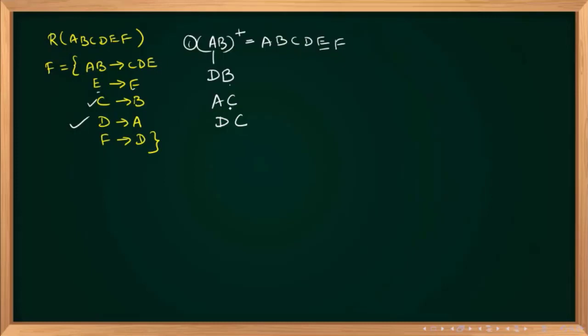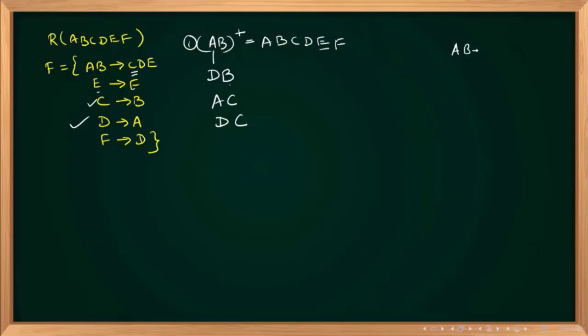Now I will take C. Is C there on the right side? Yes, C is there on the right side. Some people may be thinking, how come C is there on the right side? Three people are sitting together: C, D, E. But we have already learned you can apply the decomposition rule on the right side. I told you not to apply the decomposition rule on the left side, but you can always apply it on the right side.